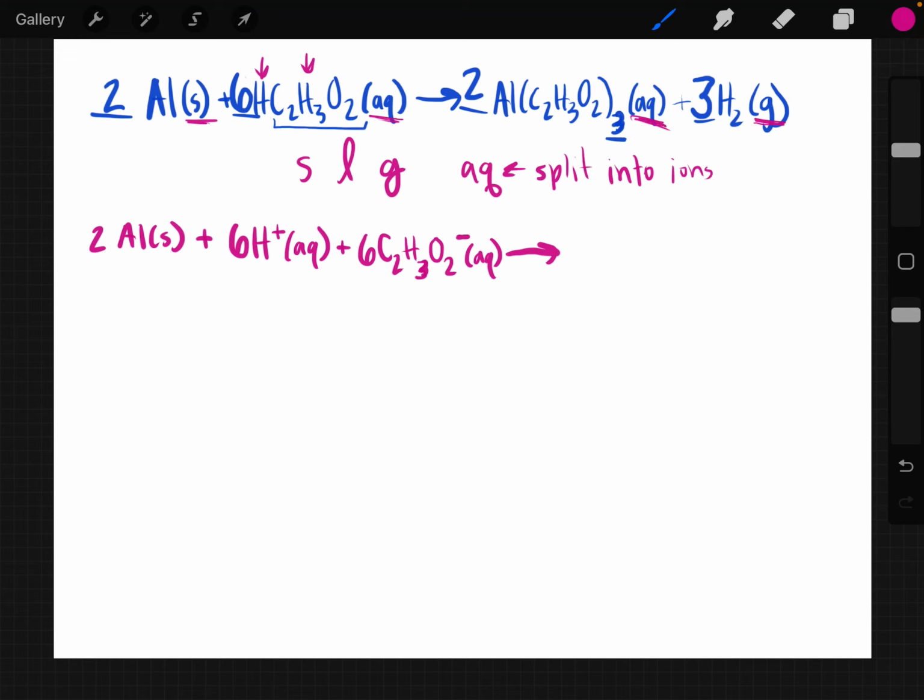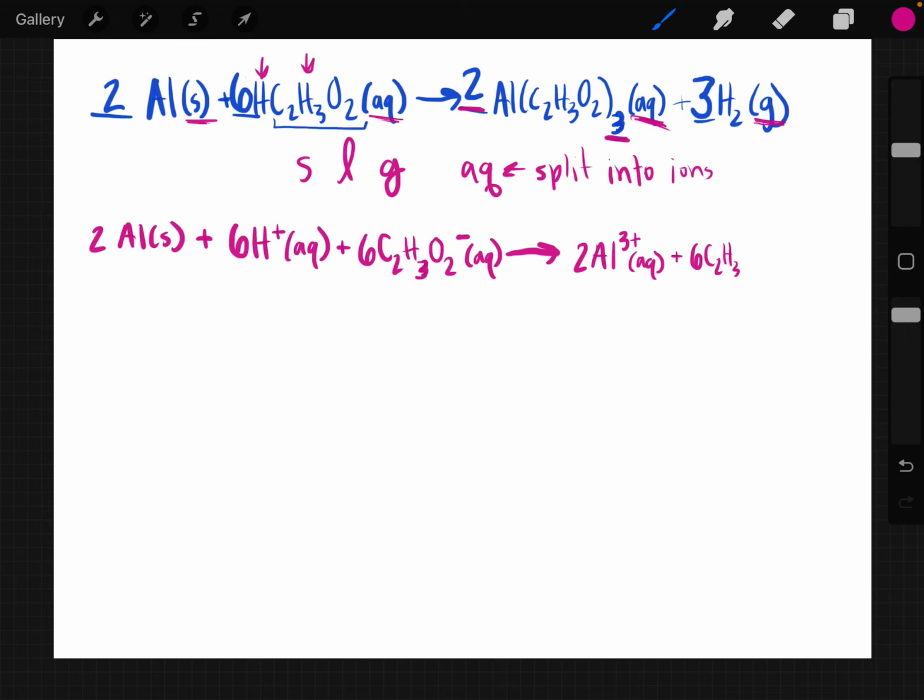Now I have another aqueous compound, so I'm going to split it up into its ions. I have 2 aluminums, and I should know that aluminum has a 3+ charge because it needs to get rid of 3 electrons to have a full octet. Then there are 6 acetates here because I have 3 times 2.